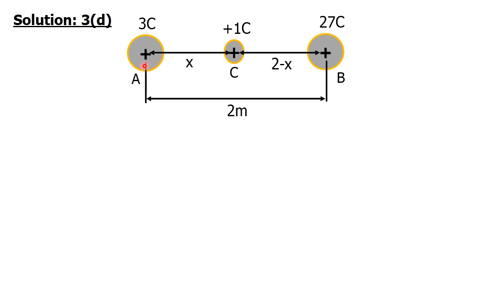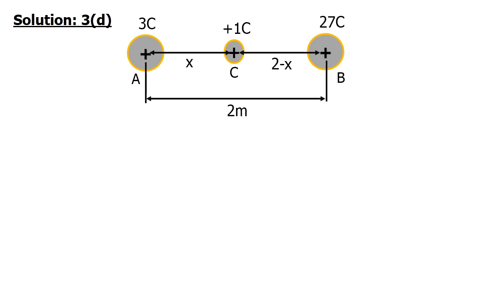If I consider from charge A at x meter distance at point C, the electric intensity will be 0. That means if a test charge is placed in between the two charges A and B, then we consider at x meter distance from charge A, the electric intensity will be 0.